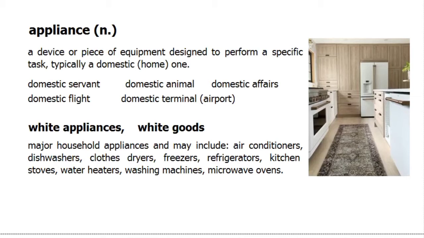The definition: a device or piece of equipment designed to perform a specific task, typically a domestic one. Domestic means home. For example, domestic servant, domestic animal, domestic affairs, domestic flight, and domestic terminal.